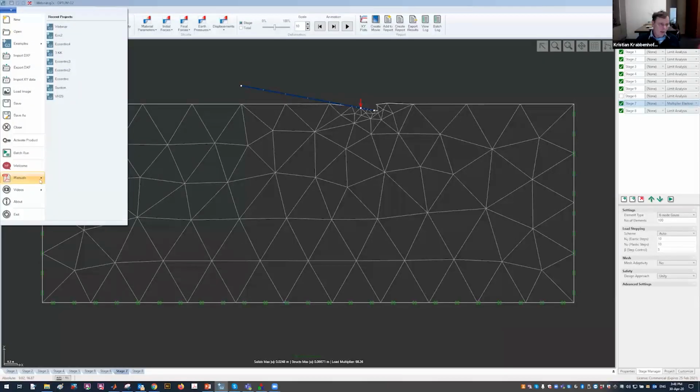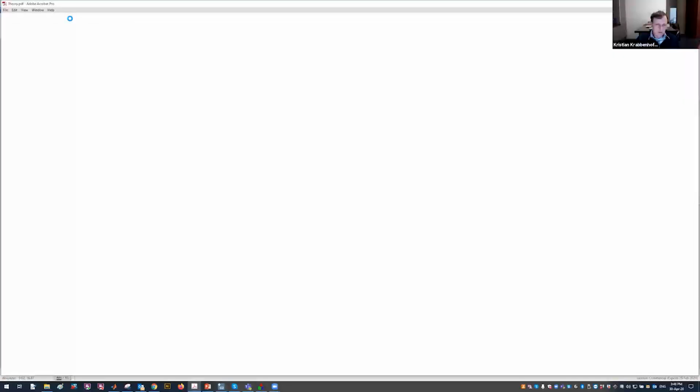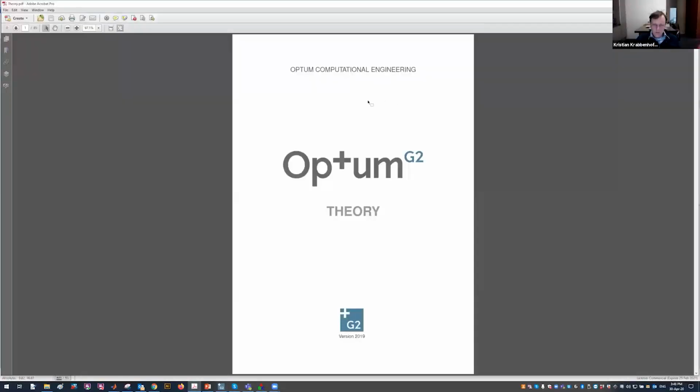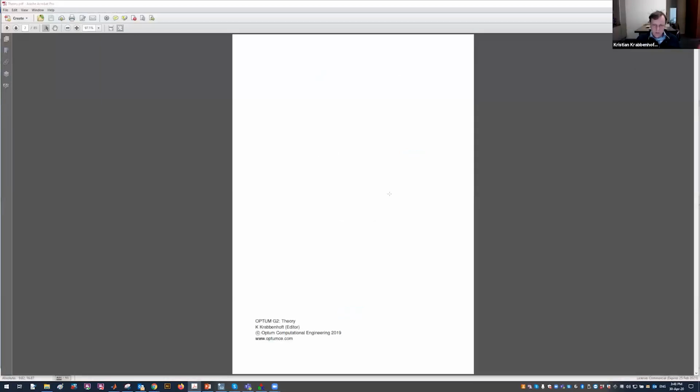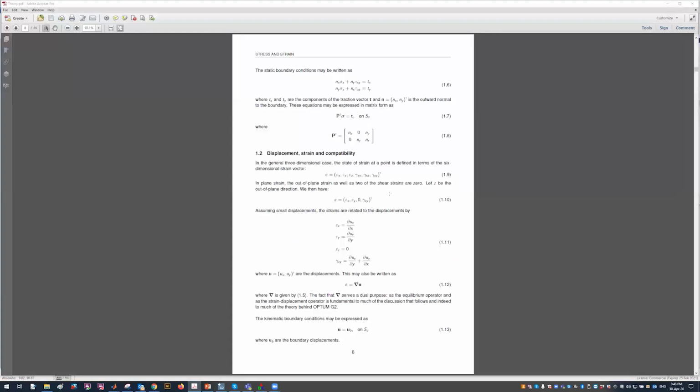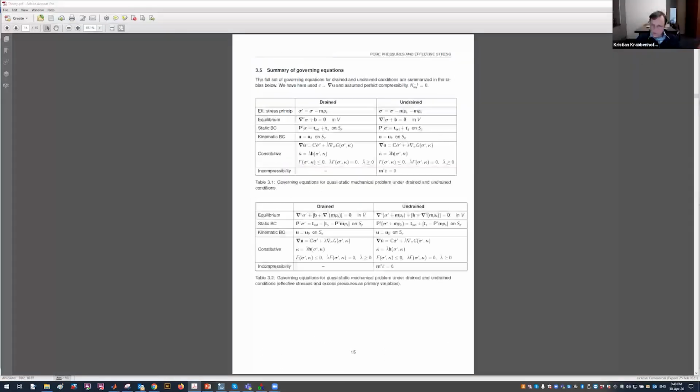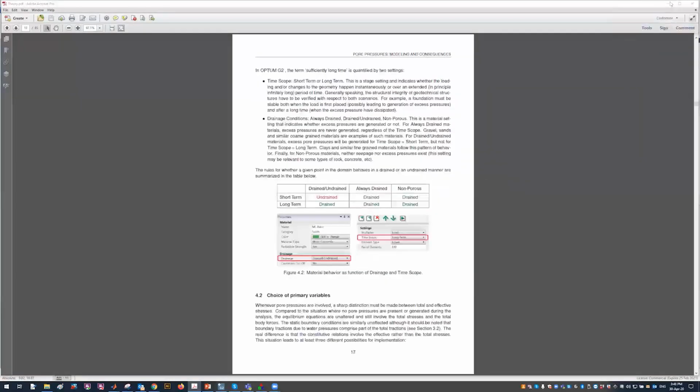They're available here in PDF. The examples manual, I should say, is probably the most interesting one. It has a huge collection of examples, but there is also a materials model manual, of course. And there is also the theory manual, which goes through the whole theory of how everything is done. Okay, perfect. Thank you. No worries.